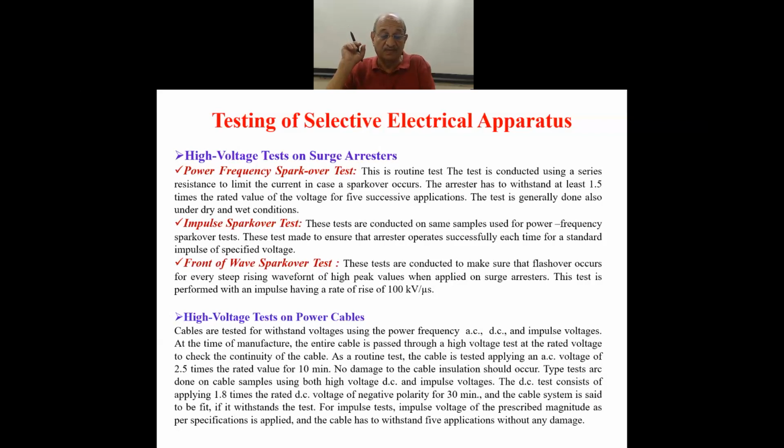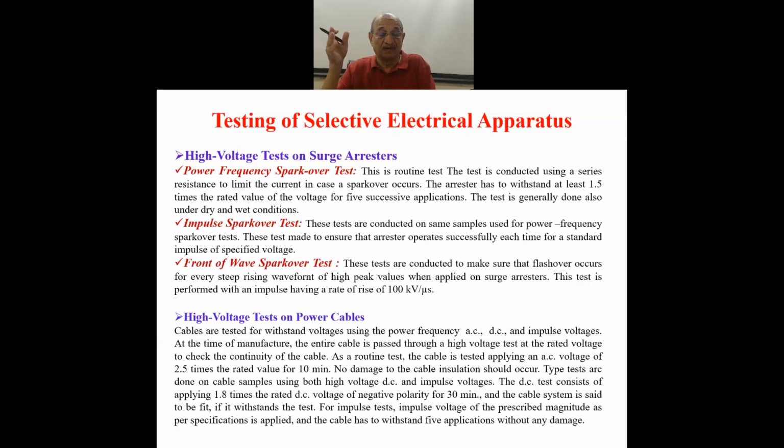the spark over test with impulse voltage for surge arresters, because surge arresters, as you know, work on what people call high frequency surge. It's not high frequency, it's a single very fast pulse, with fast rise and slow decay. So it works on pulse voltage, and it grounds the pulse voltage.